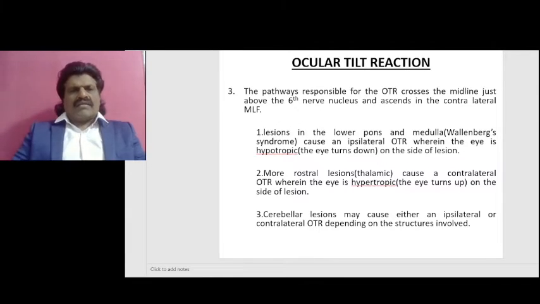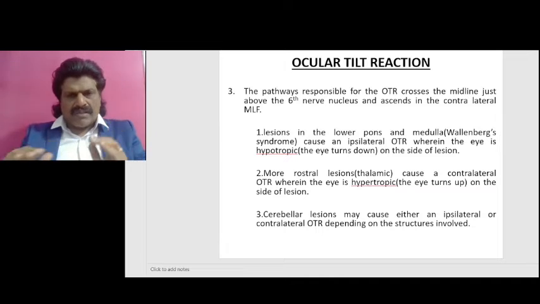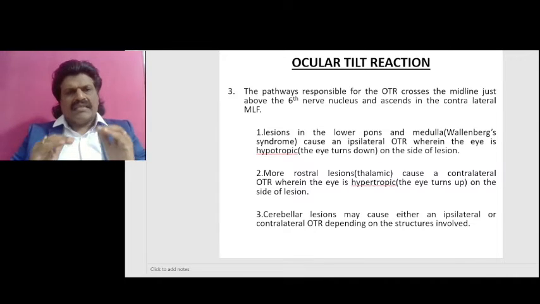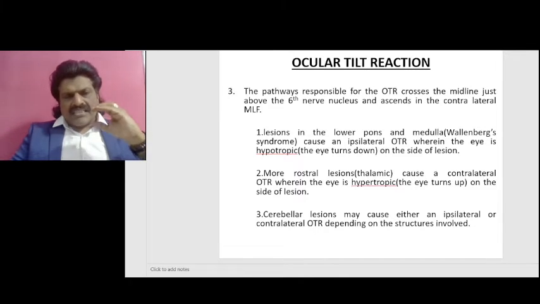As we have already discussed, the pathways responsible for the ocular tilt reaction cross the midline just above the sixth nerve nucleus and ascend in the contralateral MLF. Lesions in the lower pons, that is in the medulla oblongata, Wallenberg syndrome, cause an ipsilateral OTR wherein the eye is hypotropic.